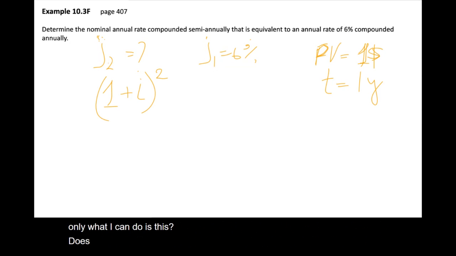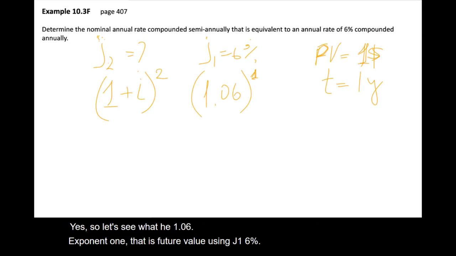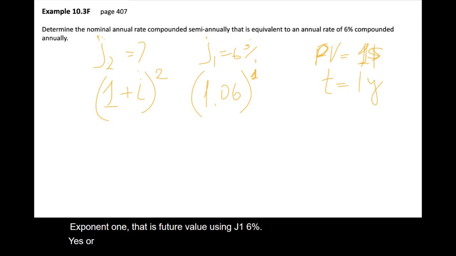That's the future value for $1. Yes, guys, or no? Do you understand that part, people? Yes. So let's see what here. 1.06 exponent 1. That is the future value using J1 6%. Yes or no?